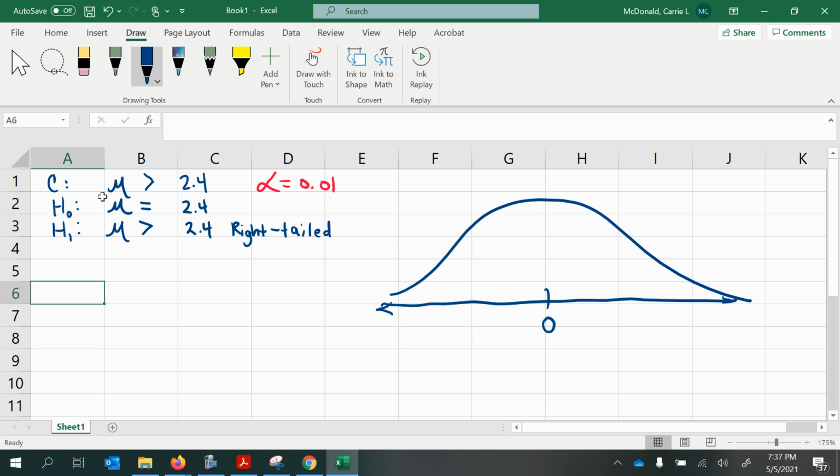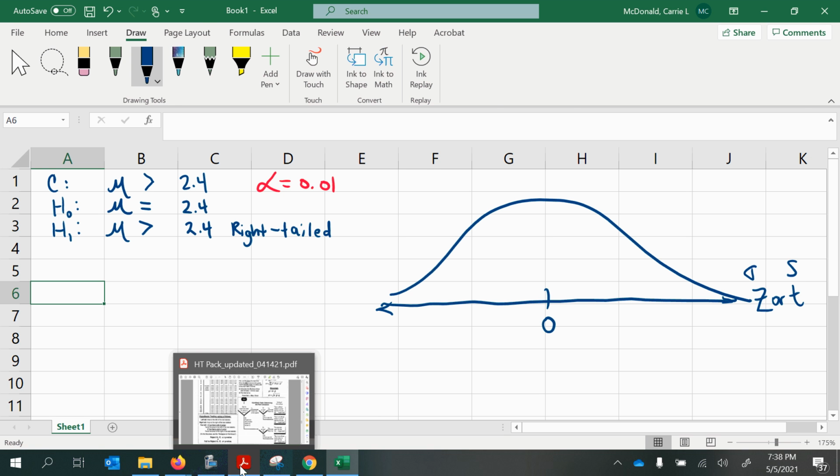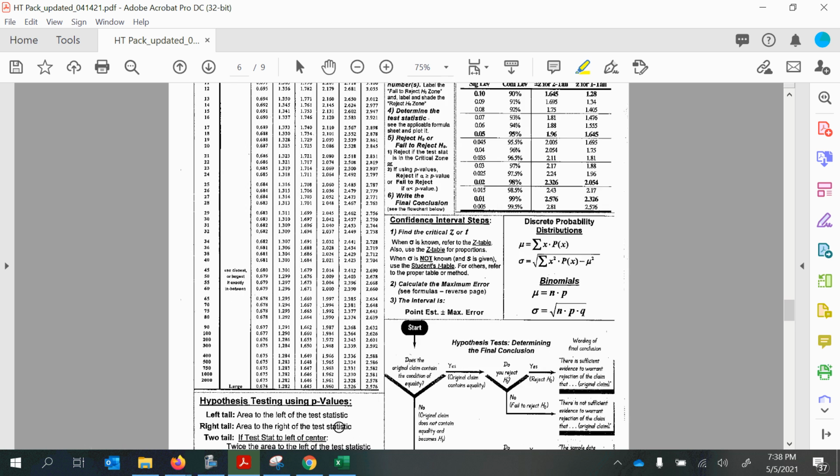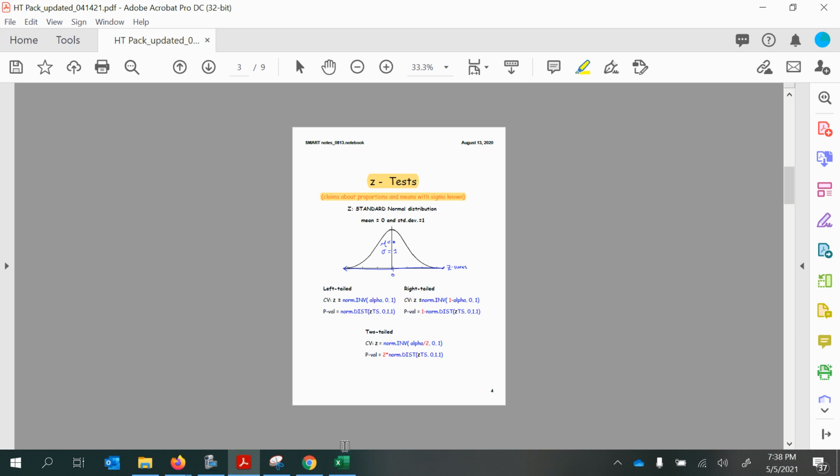So when we're doing a claim about a mean, we need to know if this should be a z-test or a t-test. How we're going to know is whether sigma is known or if the sample standard deviation S is known. Remember, sigma, the Greek letter symbol, is your population standard deviation, and S is your sample standard deviation. So it matters which one we have because that will determine what type of test this is.